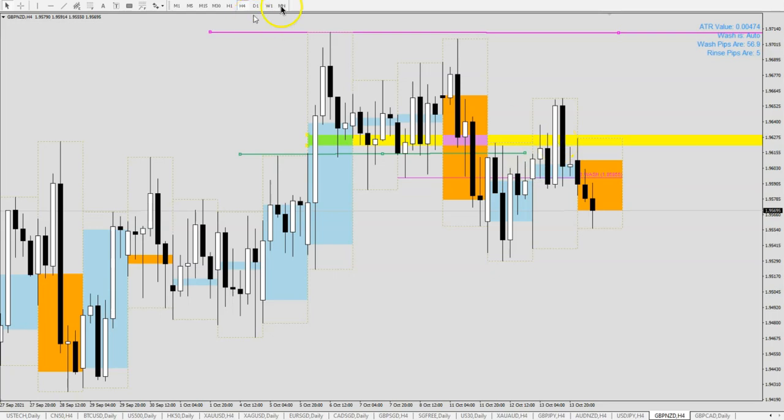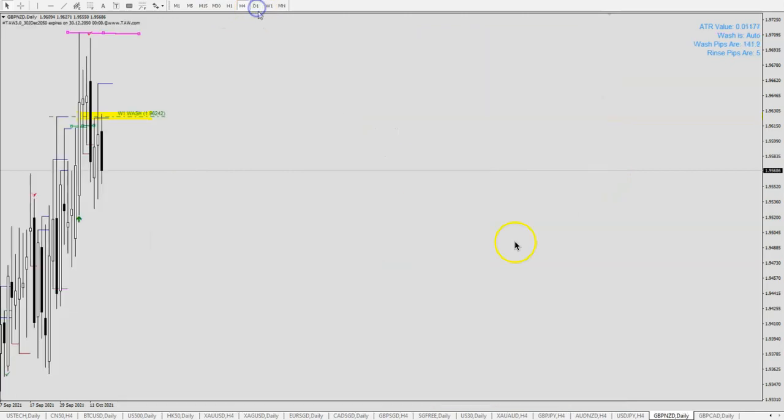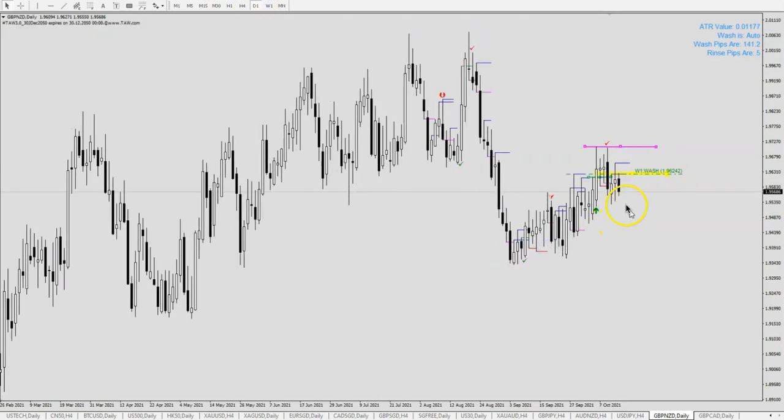You know price is at a horizontal resistance here, and it hasn't had that sell signal because there isn't any bullish wash here.